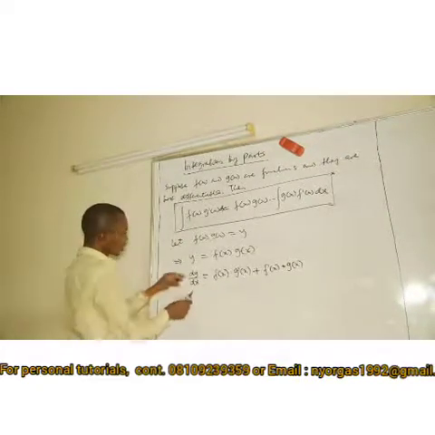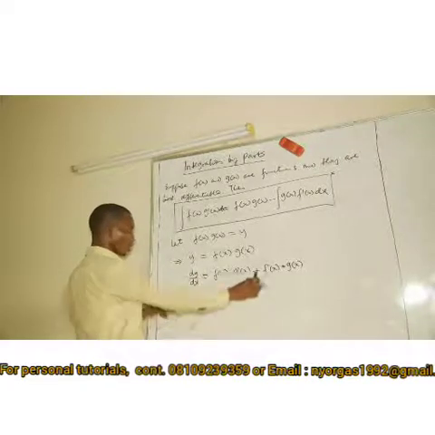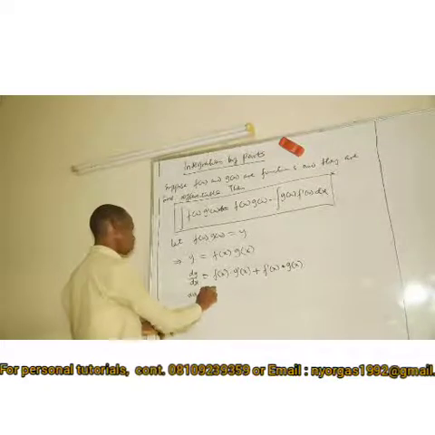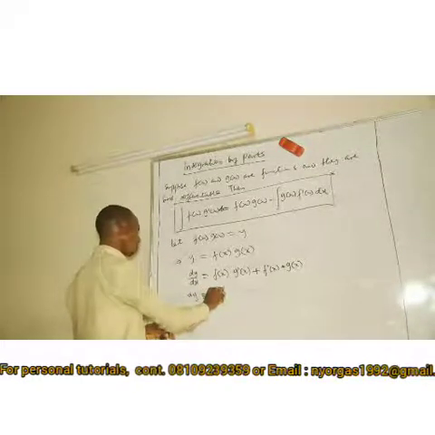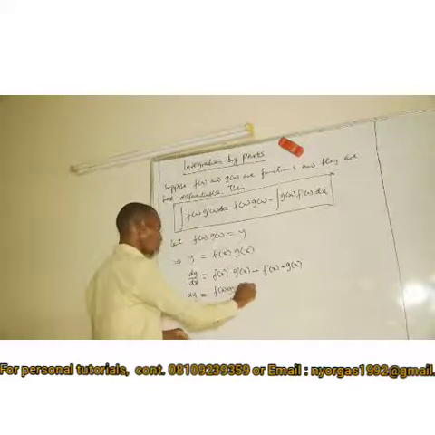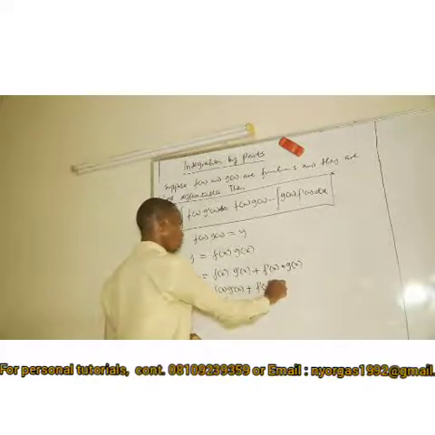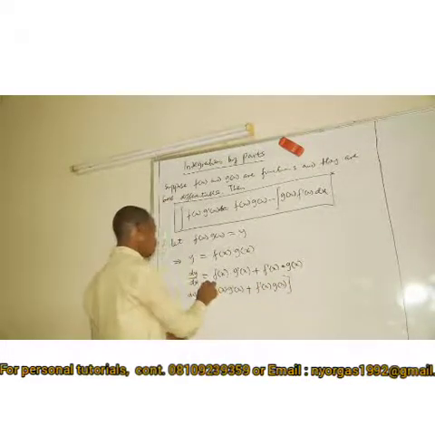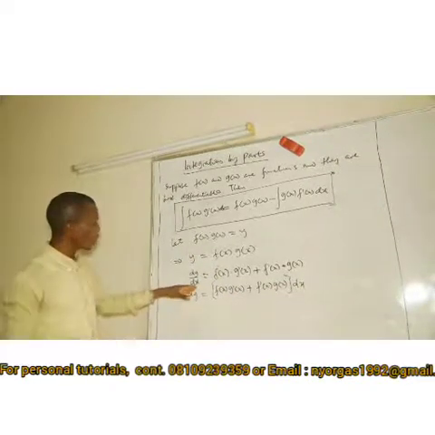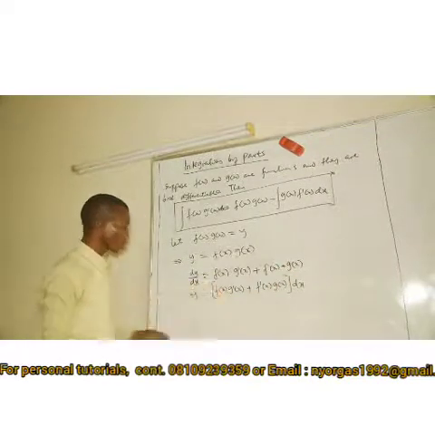So from here, if you want to make dy the subject of the formula, you cross multiply and you have dy to be f of x, g prime of x plus f prime of x, g of x, everything in brackets, dx. As you cross multiply, dx is multiplied by the whole of this function.